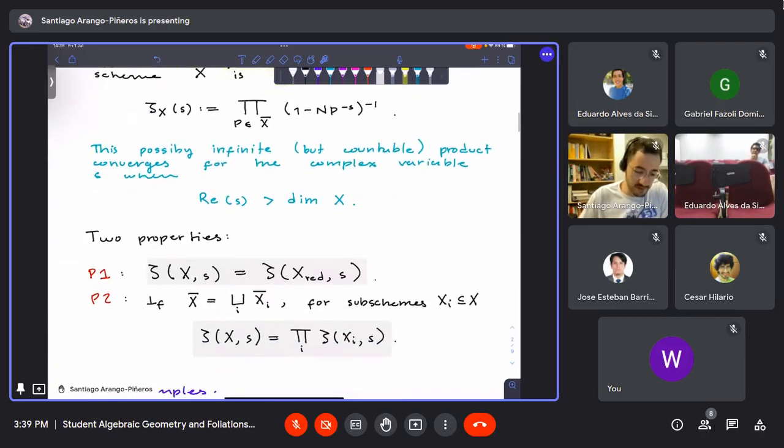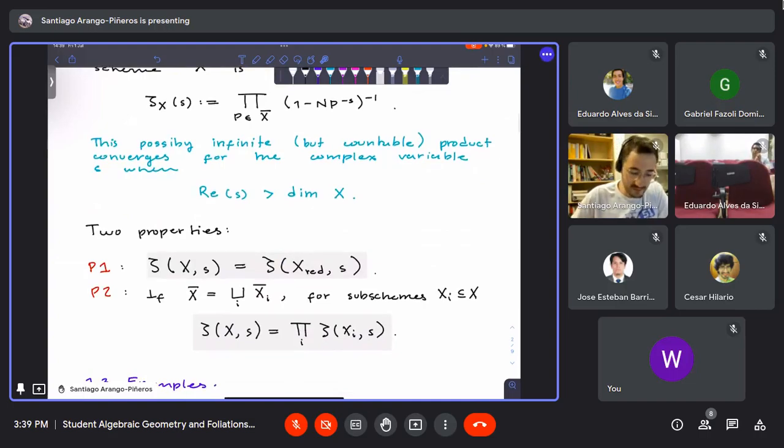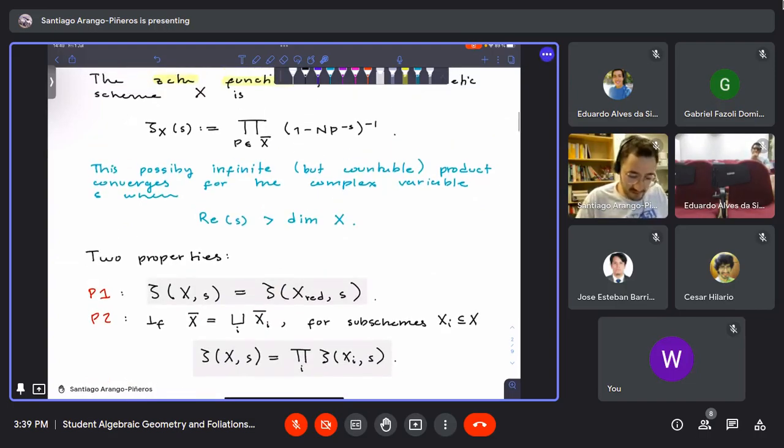Great. Before looking at some examples, let's notice two properties that follow basically from the definition. The first one is that I can only consider reduced varieties and I don't lose any information. The reason, as you probably know, is that as topological spaces, a scheme and its reduction are homeomorphic. They have the same set of closed points.